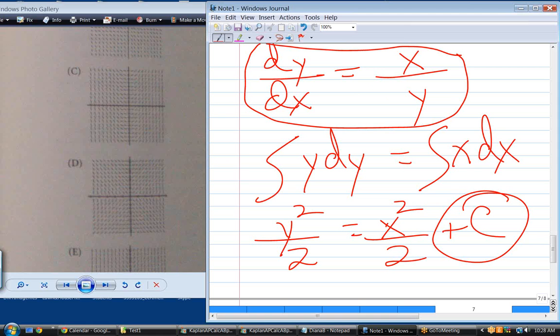That's what differentials mean. In other words, if I go down to D and I find the point 3, 3, I better have a slope of 1. If I find the point 4, 4, I better have a slope of 1. If I go to the point minus 4, 4, now my slope better be minus 1.